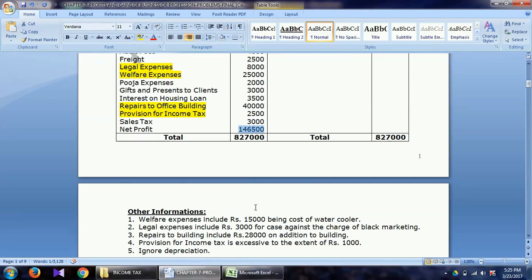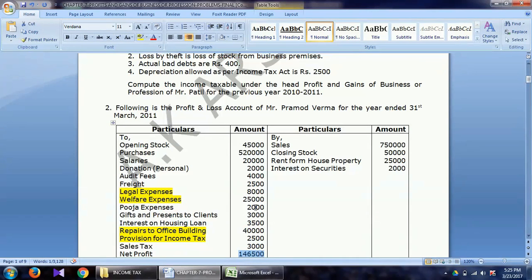After that, one by one, we will start from the credit side of the profit and loss account. First of all, rent from the house property.